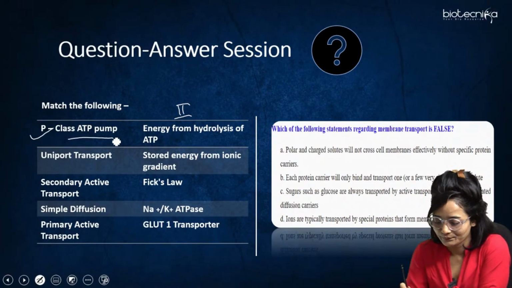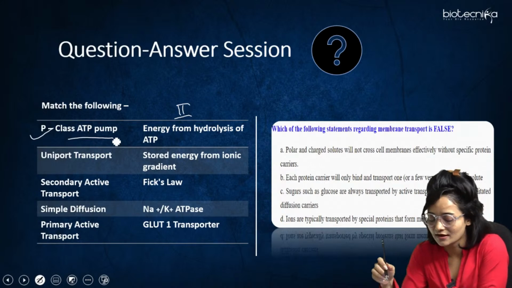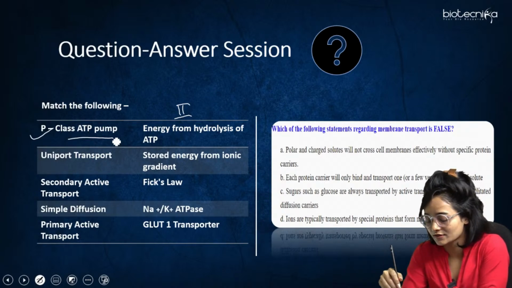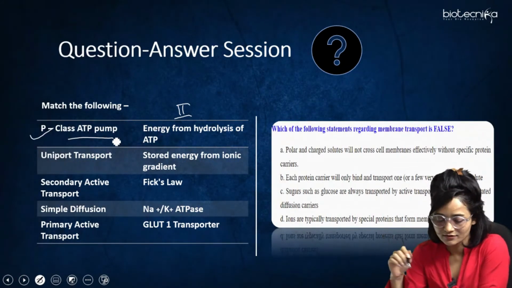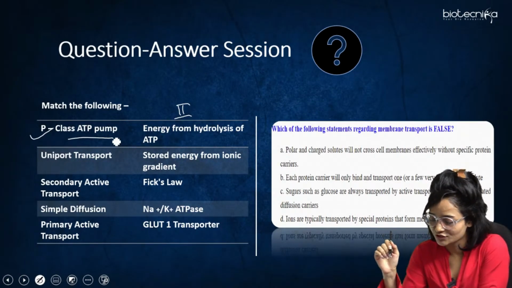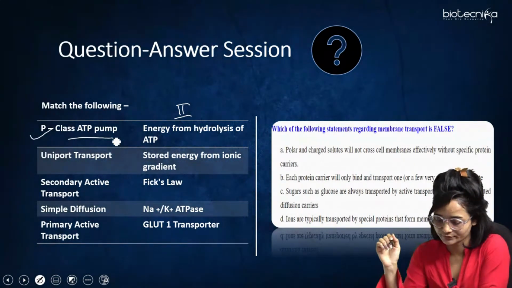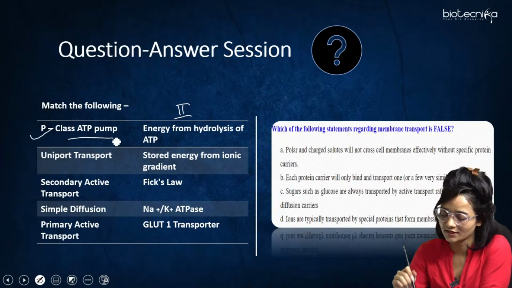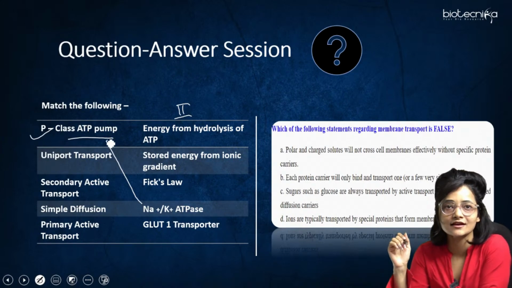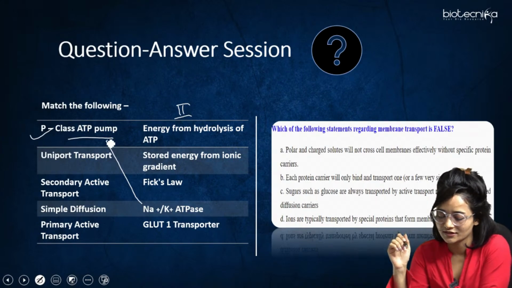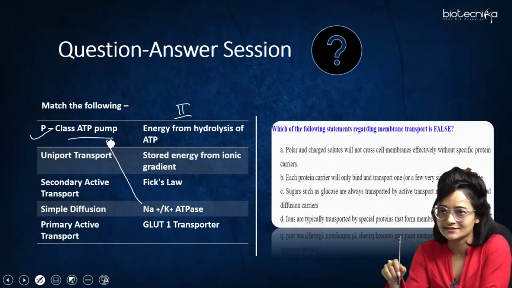So P class ATP pump is given here, and in the second column it is given the energy from the hydrolysis of ATP and stored energy from ionic gradient, Fick's law, sodium potassium ATPase, and GLUT1 transporter. As we know, sodium potassium ATPase is one example of a P class ATP pump. So here is the right match for P class ATP pump.